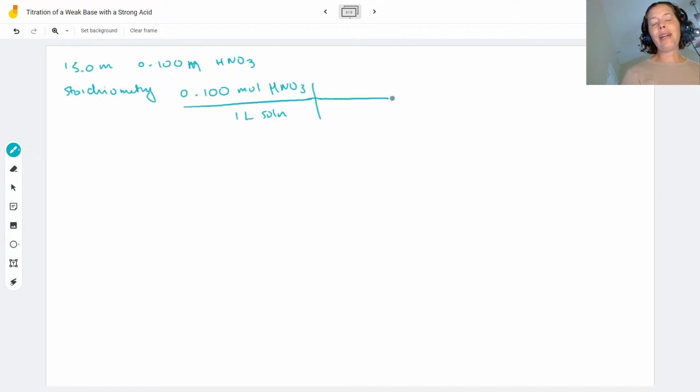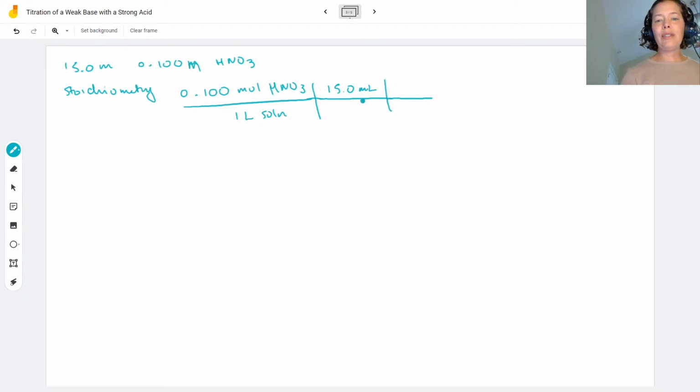The reason I write it like this is because you've got a complex unit, with a unit in the numerator and a unit in the denominator. You want to make sure that your units cancel so that, in this case, I want moles out. So I'm going to multiply this by 15 milliliters.